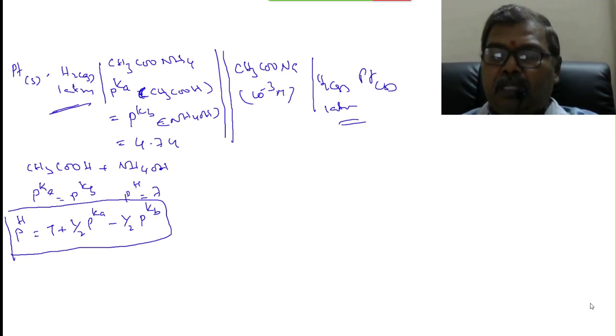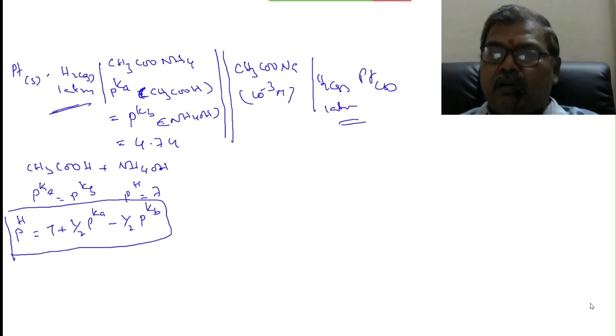Here the pKa value and pKb value are both equal, so the H plus ion concentration and OH minus ion concentration are the same, and at 25 degrees Celsius it is a neutral solution. Therefore pH is 7, or you can calculate it from this formula also.